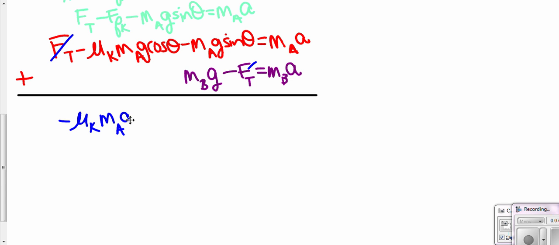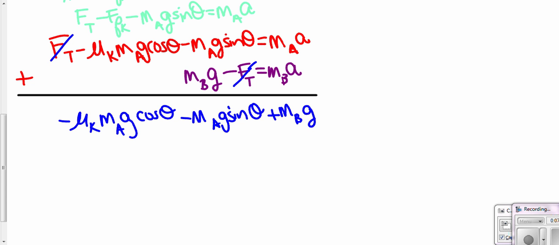Anyway, mass of A times G cosine theta minus mass of A G sine theta plus mass of B times G is equal to mass of A times A plus mass of B times A. And again, you don't have to do this. You could solve for force of tension and plug it into the other one. It doesn't really matter.